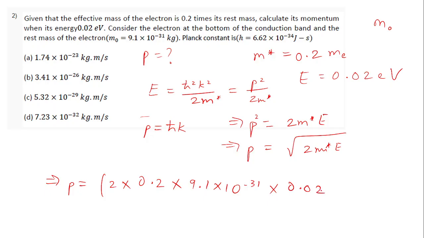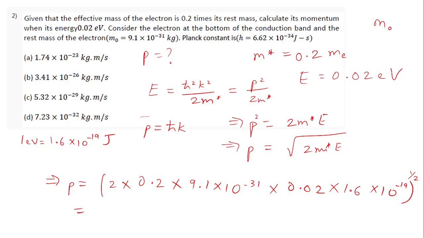Now electron volt we need to convert into joules, because all this is in SI units, and we know 1 electron volt is 1.6 times 10 to the power minus 19 joule. Everything root we have to take.